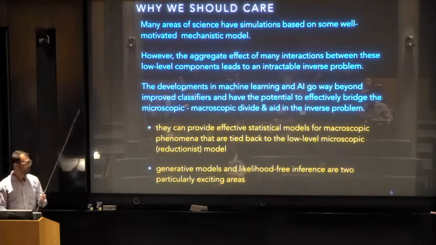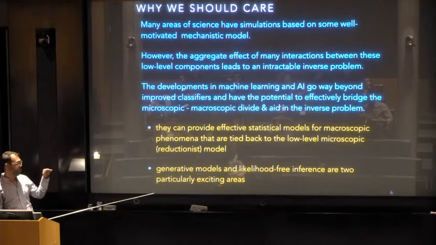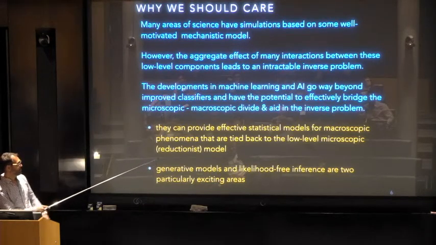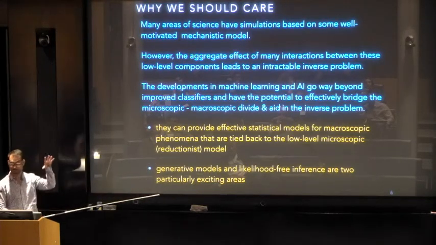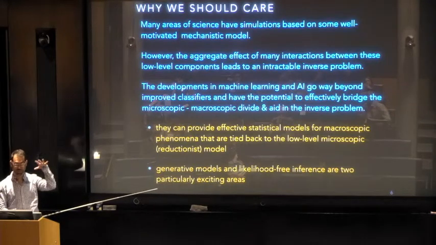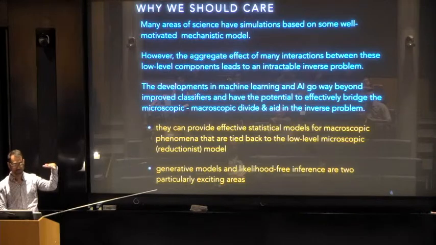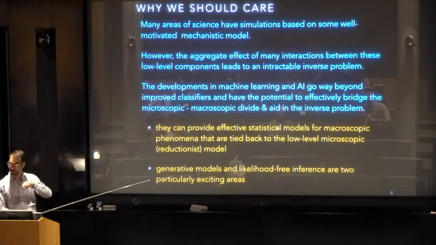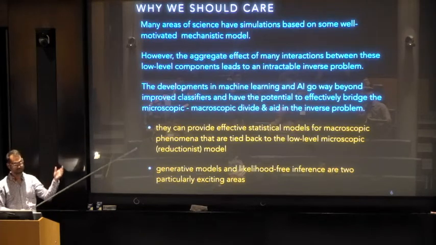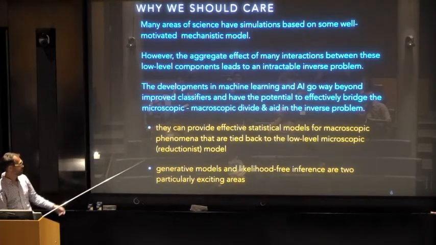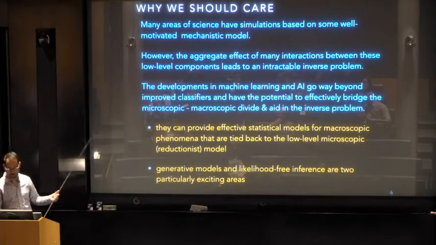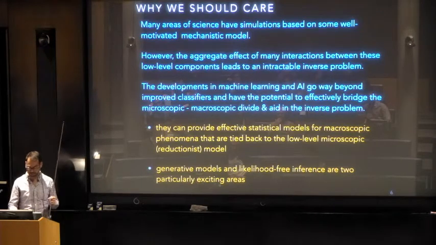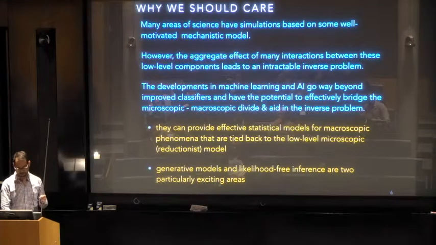And Nobel Prizes have been awarded, many have been awarded, for people just coming up with an effective model at some new scale. I mean, if you can model the phenomena at a scale and no one knew how to do that before, that's a big deal, and you get your name attached to it. And if you can make the bridge between the lower level scale and the higher level scale, then that's a really big deal. So if you could start to do this in a more systematic way with machine learning ideas, that would be big.